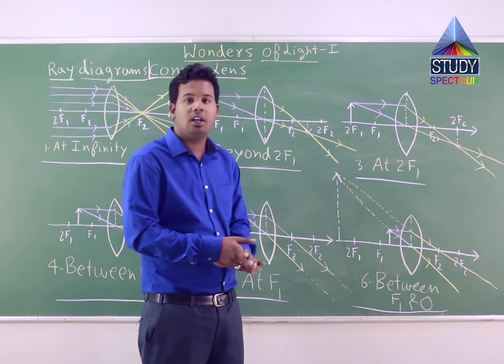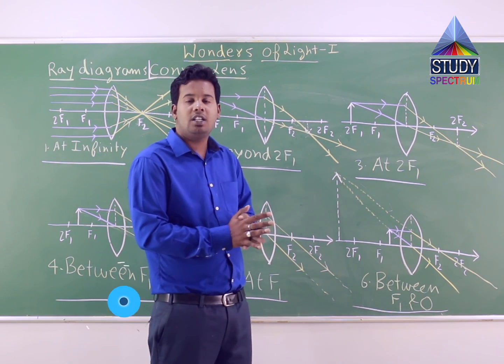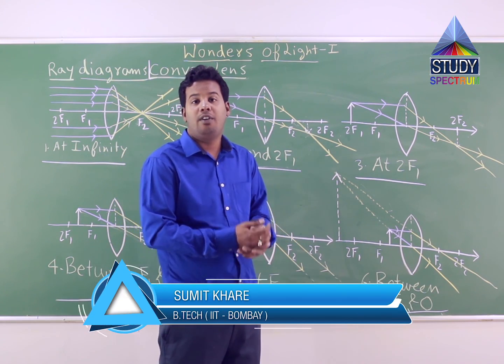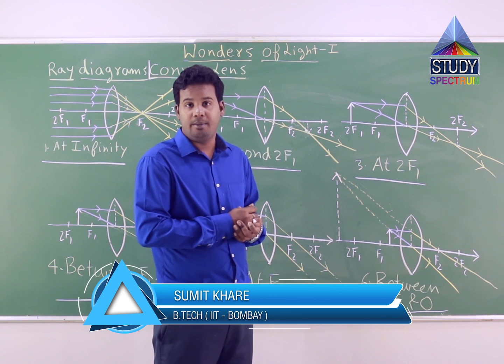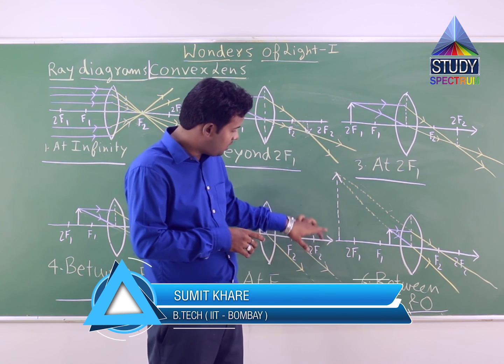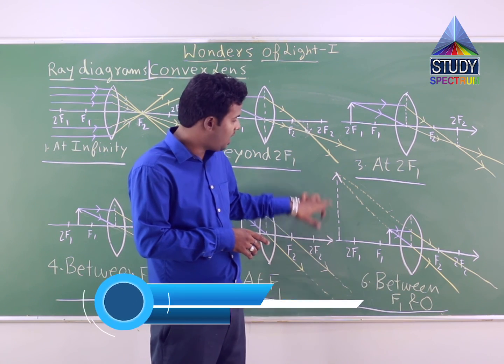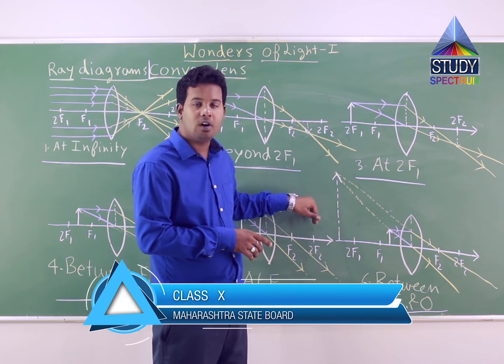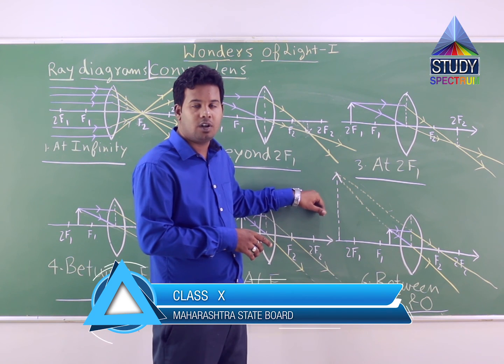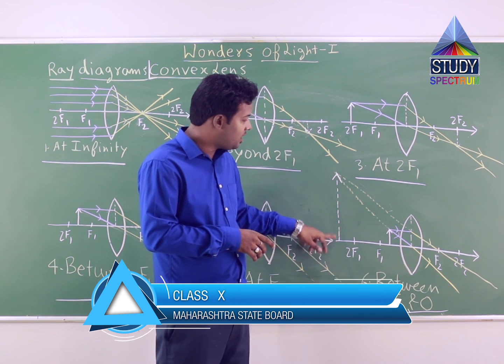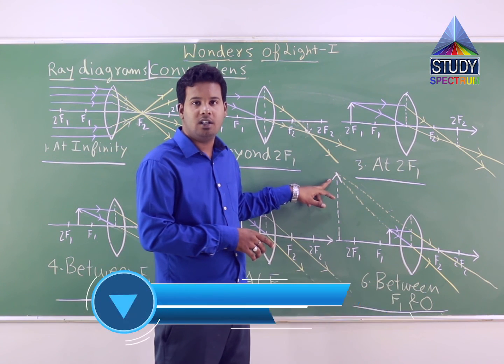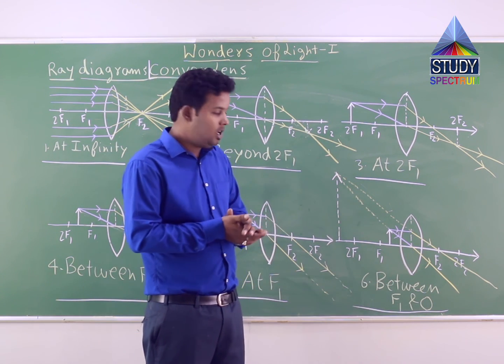Now this was the very first case where we were getting a virtual and erect image. Correct? If you can see this long dotted arrow, it is a very big arrow and it is being formed in front of the convex lens, that is why it is virtual, and it is standing above the principal axis, that is why it is erect. Let us see how.